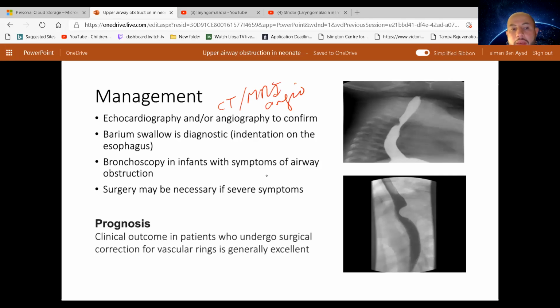Barium swallow can be diagnostic, but not always. You can see the indentation. Is that done for every baby? You don't need it for all babies. Since you have an echo and CT scan or MRI, that's more than enough, especially if you can see it on echo.